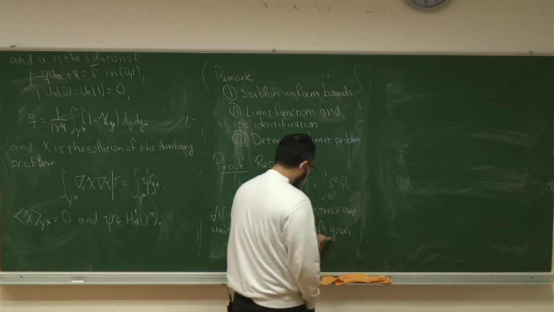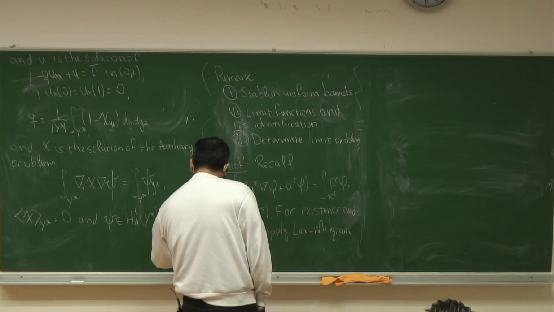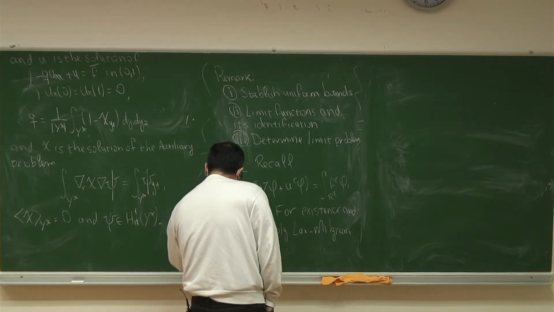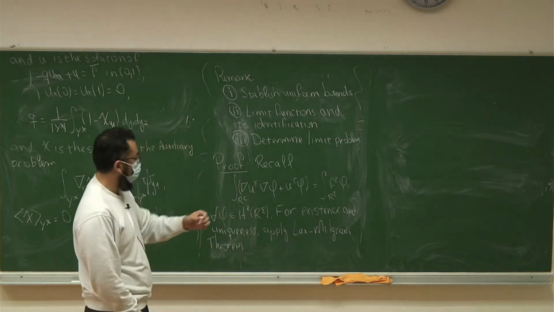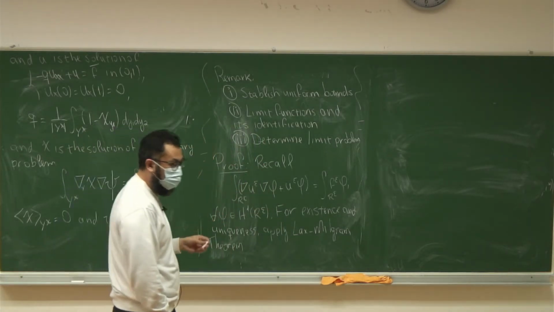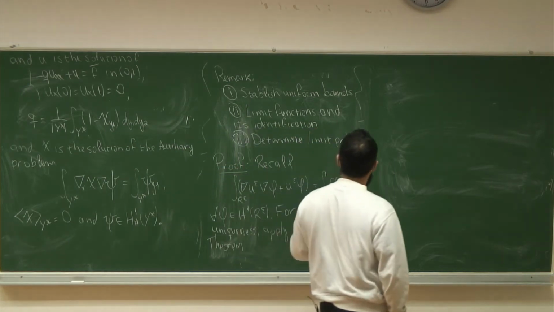I don't know if it's written like this, but anyway. So it's very simple. For each epsilon, we have a unique solution, and we have no problem here.